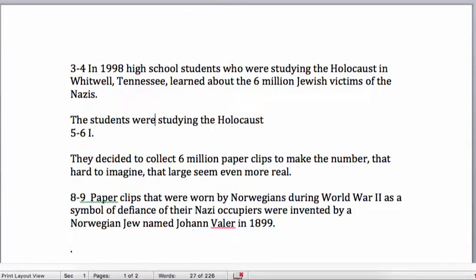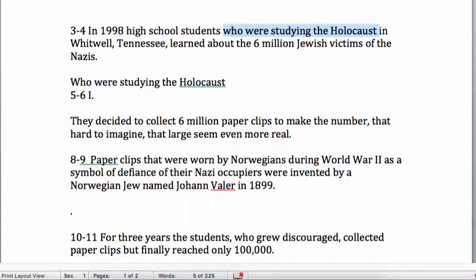They were studying the Holocaust. We got rid of students, and we put in the who. See? This matches this. We just got rid of the who, or the students. So you go through and you find out what is being repeated, and then you add it together. If you don't do it that way, you're going to have what's called a dangling modifier, and I don't want to go into that because I didn't see any of those.